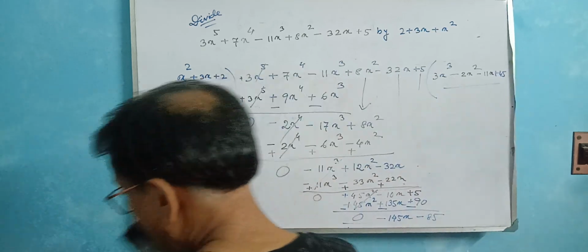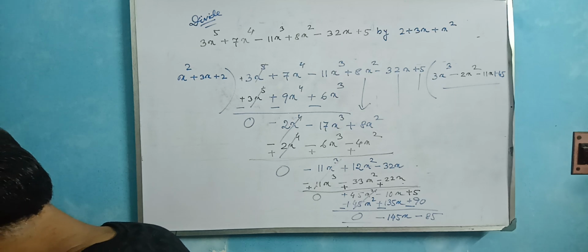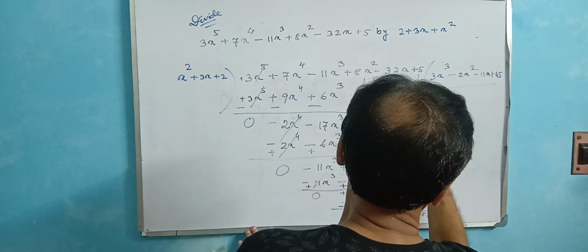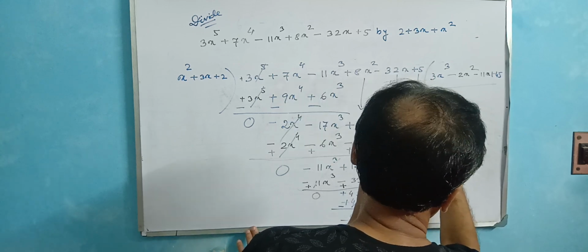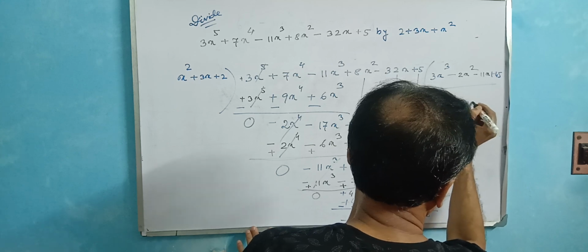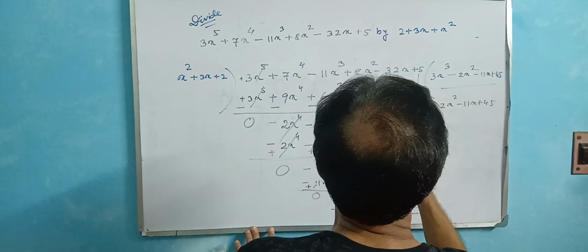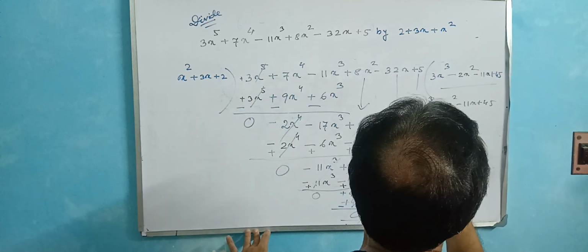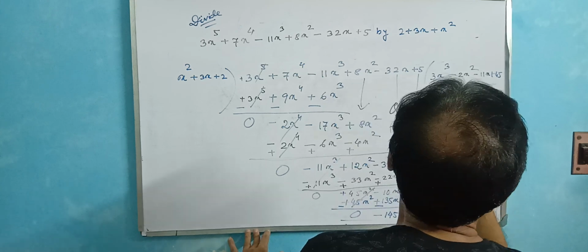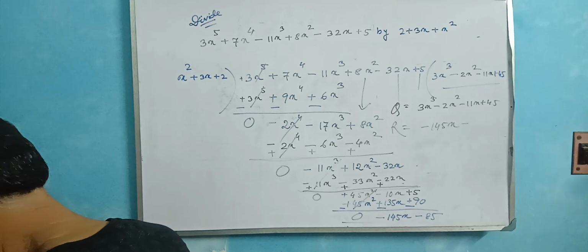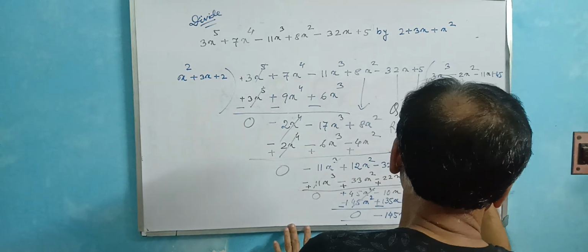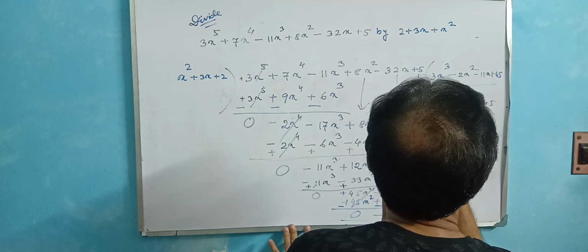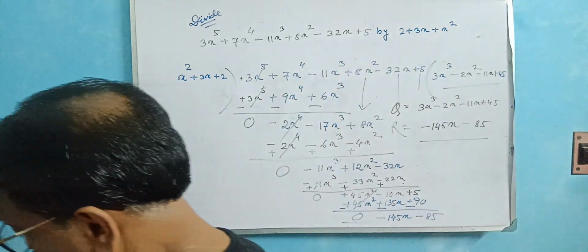Ultimately you write the quotient: 3x cube minus 2x square minus 11x plus 45, and the remainder is minus 145x minus 85. This is minus 145x. Clear? So this is the answer. Okay.